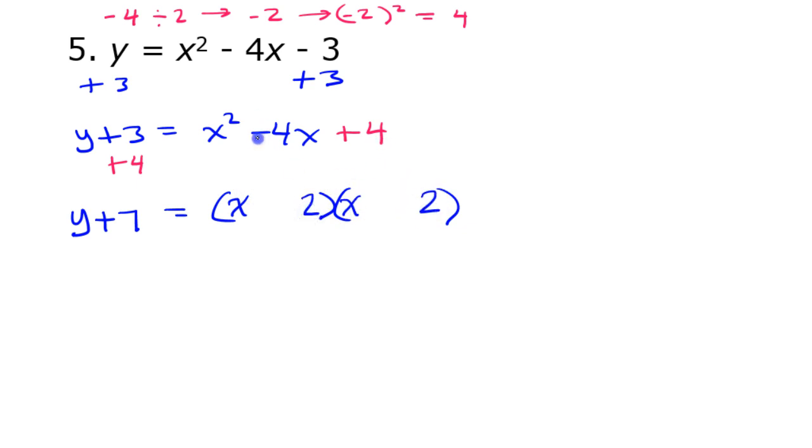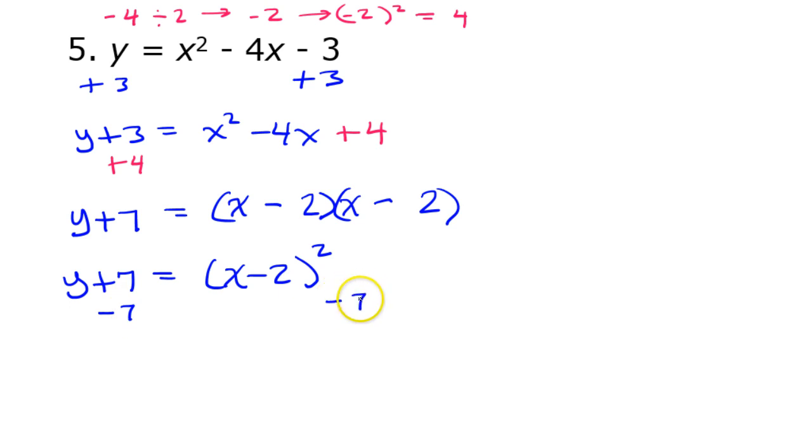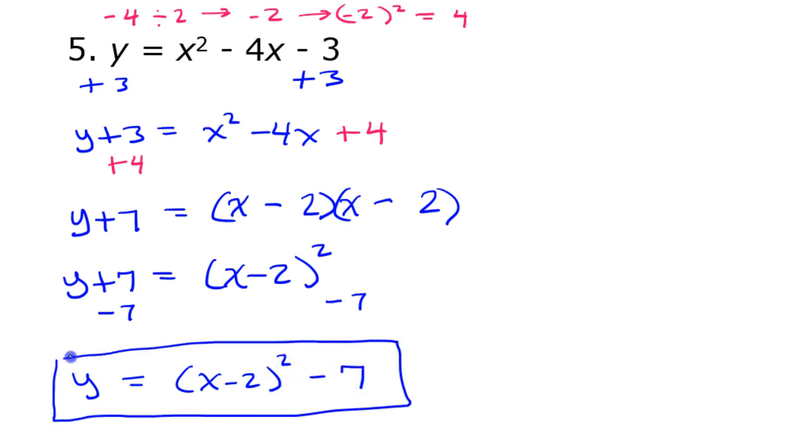Looking at the fact that this is negative tells me that both of these will be negative. So that gives me y plus 7 is equal to x minus 2 squared. Finally, subtract the 7 from both sides and you're done. Y equals x minus 2 squared minus 7. That's your vertex form.